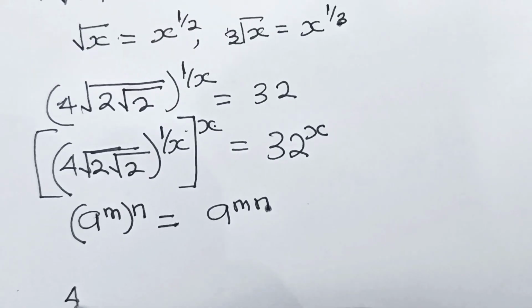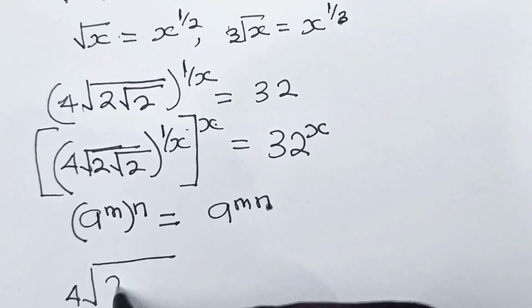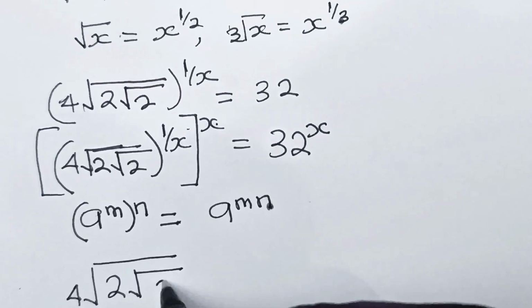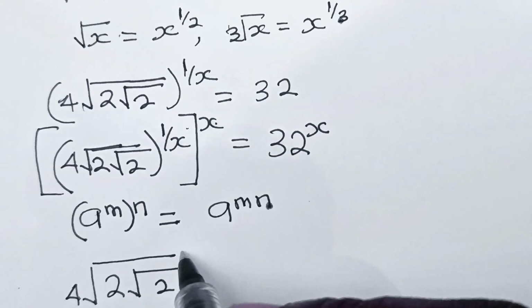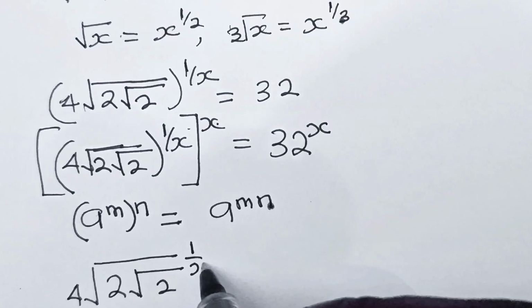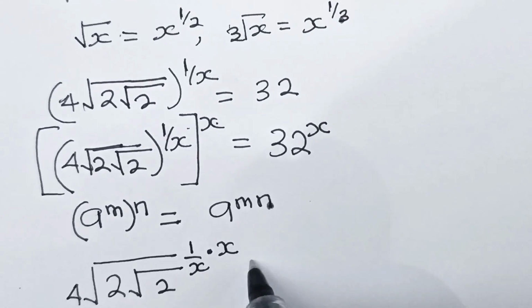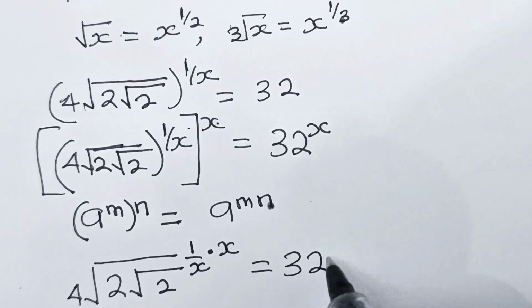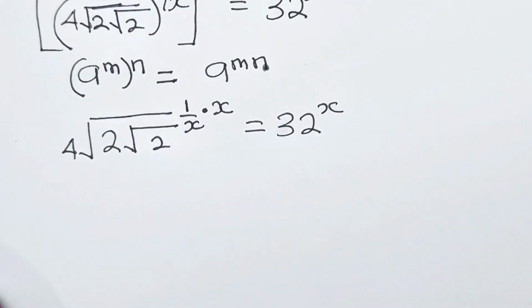So we have 4 root 2 raised to the power of 1 over x multiplied by x is equal to 32 raised to the power of x.